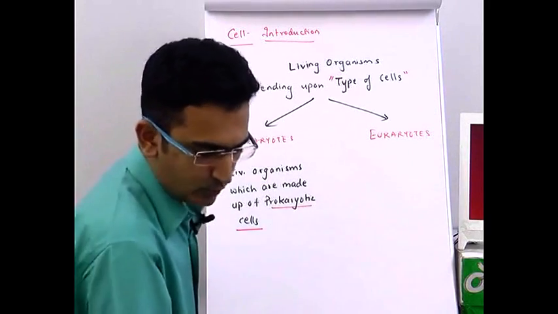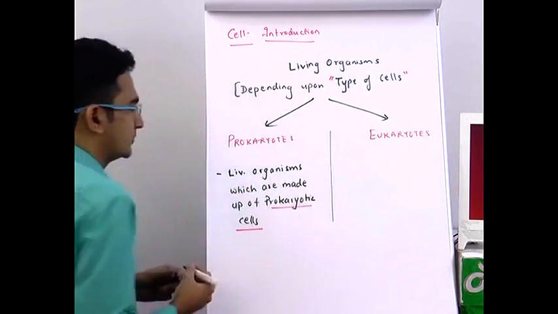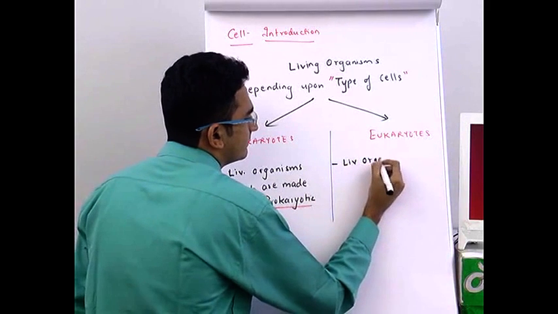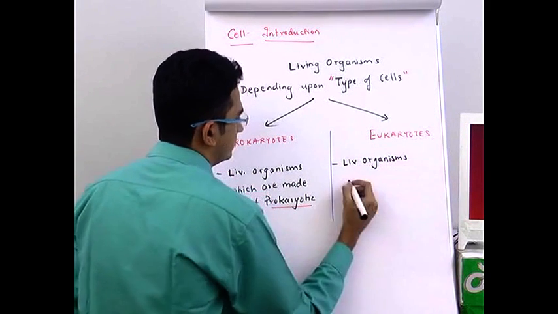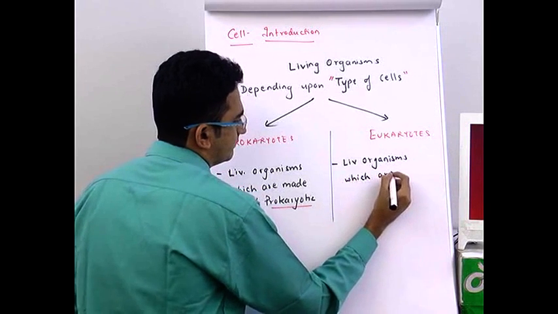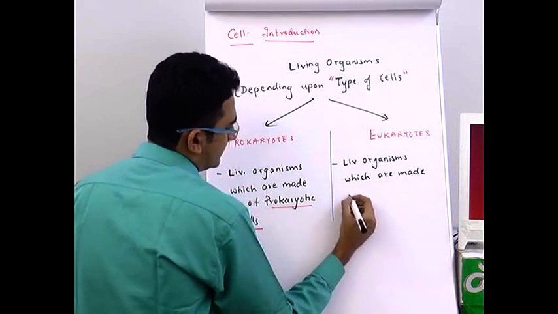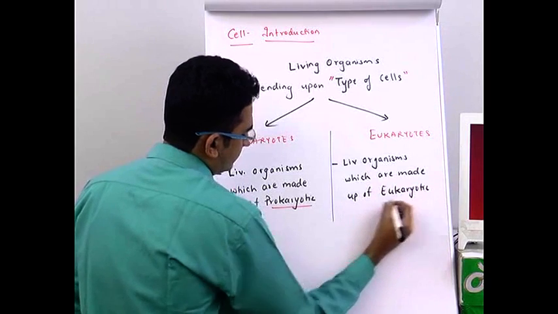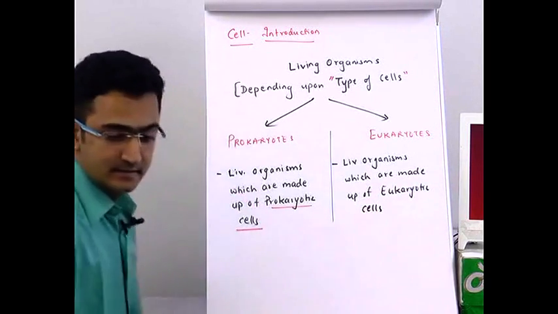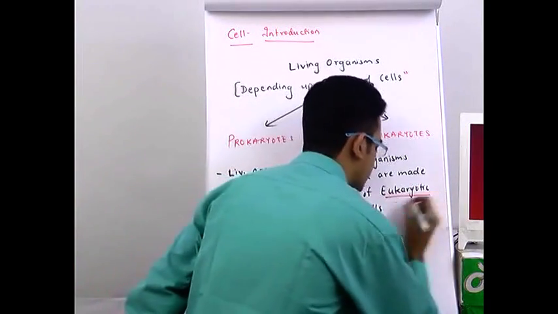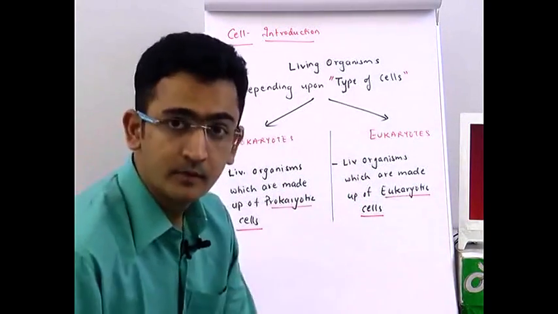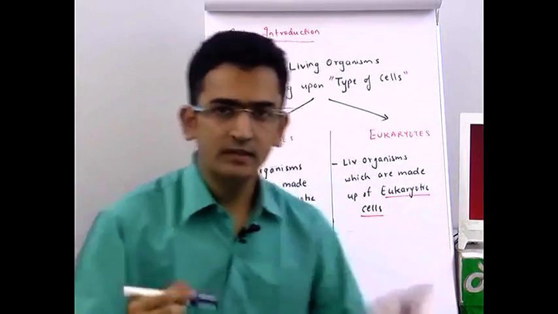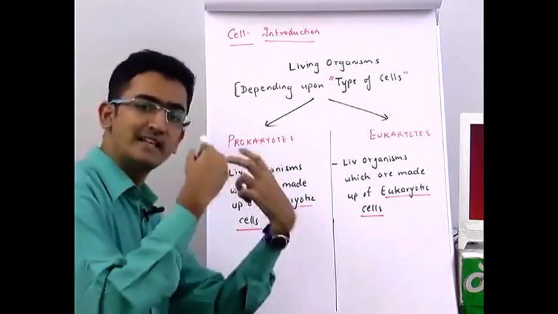Similarly, if we try to write a comparative statement, those living organisms which are made up of eukaryotic cells are called eukaryotes. Further to that, prokaryotic cells are old cells, primitive cells.